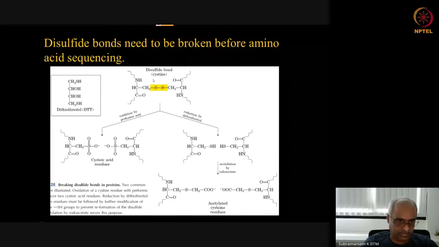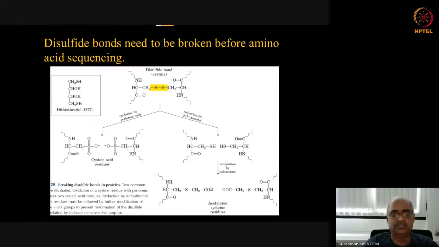This is done by using a reducing agent like dithiothreitol, and that converts this disulfide bond into two sulfhydryl groups, but then they can get oxidized to a disulfide bond again, and to prevent that they need to be derivatized, and that is done using iodoacetic acid in this particular case.